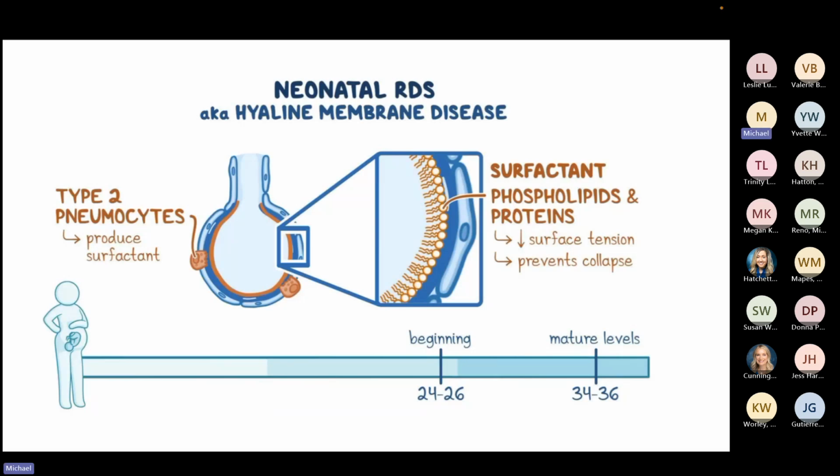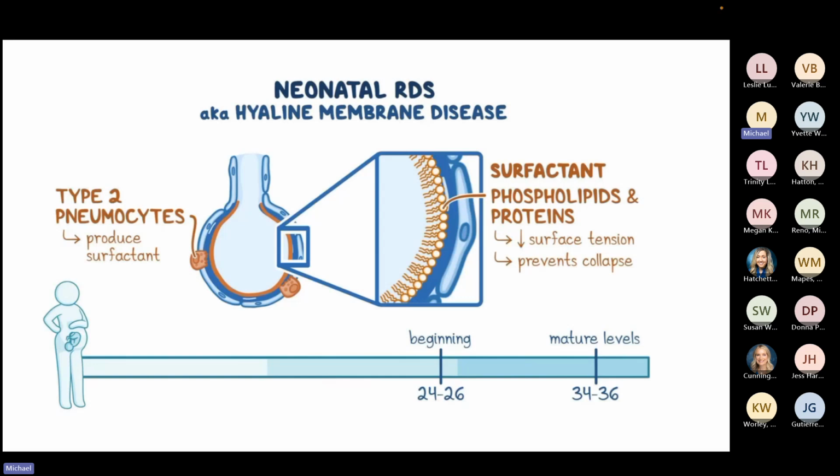On that right cutout that is zoomed in, what you are seeing there are phospholipids that will line the surface of the alveoli, in addition to surfactant proteins. Surfactant is made up primarily of phospholipids, which is about 70-80% of it. The proteins are really important for holding together the phospholipid bilayer.